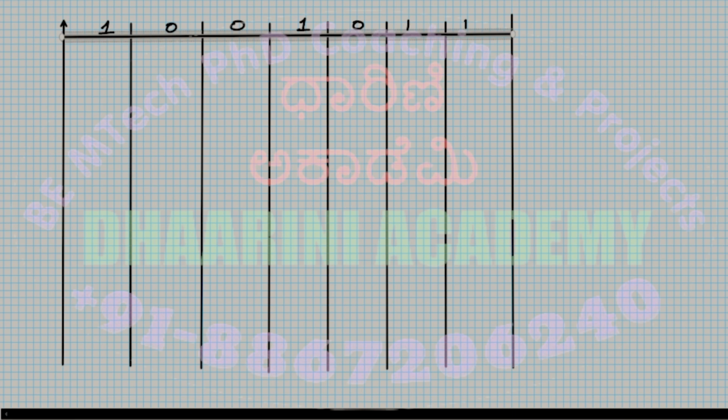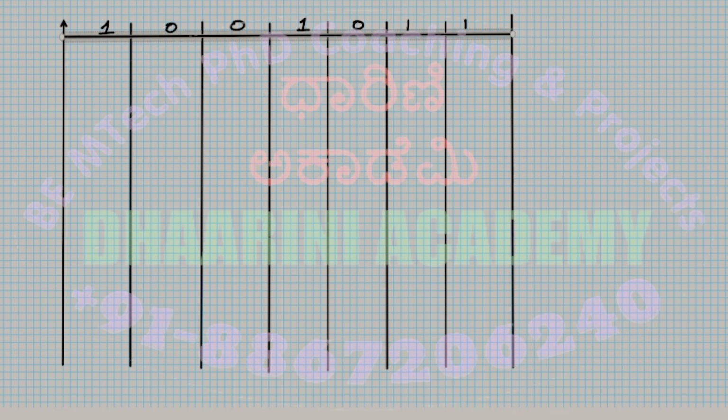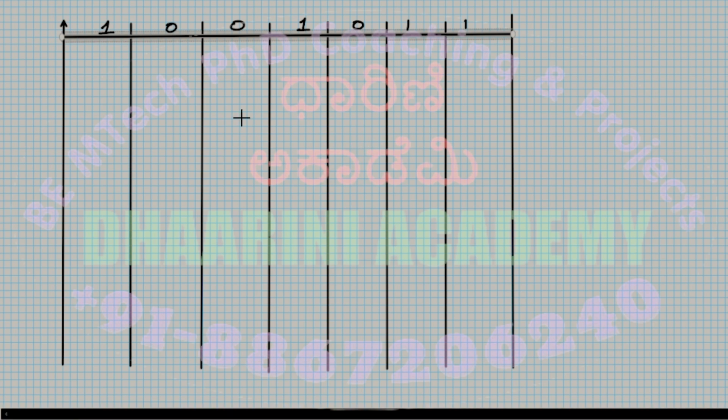Now, the first waveform that I'm going to draw here corresponds to the amplitude shift keying technique. This is the time axis, and let me assume this is the ASK wave.